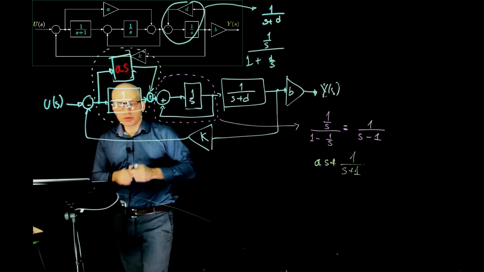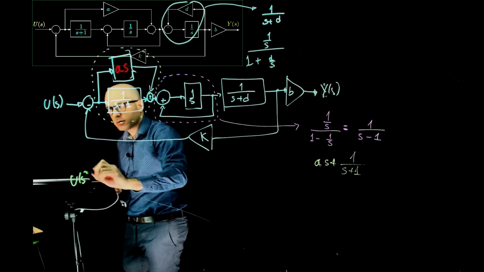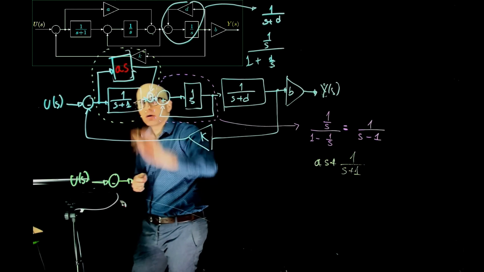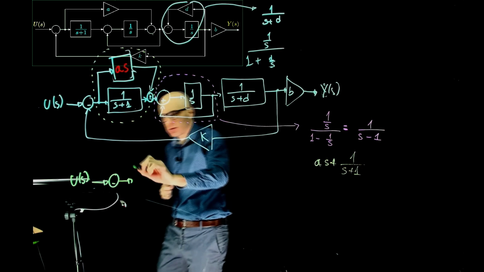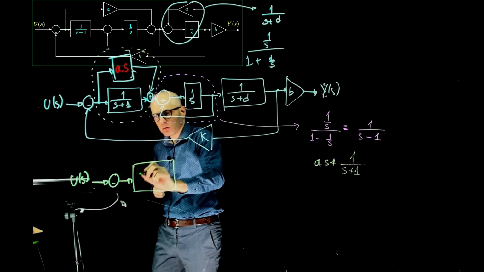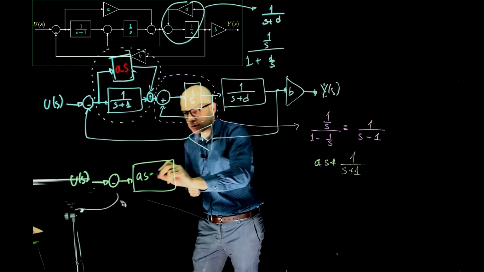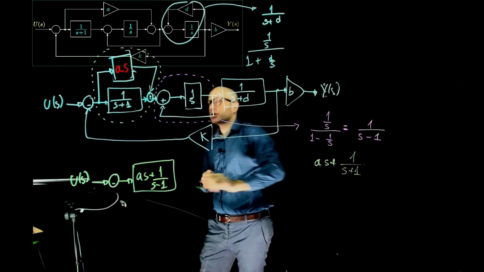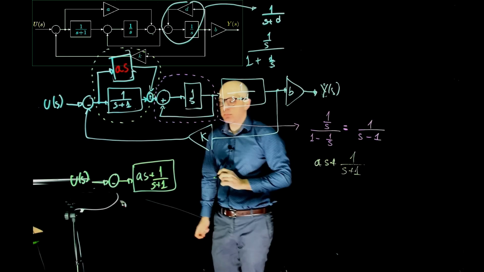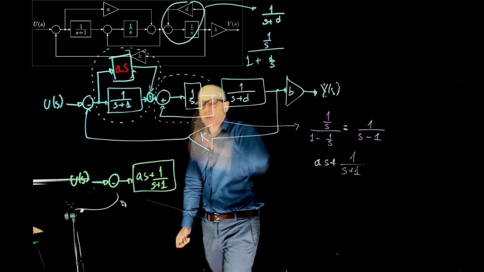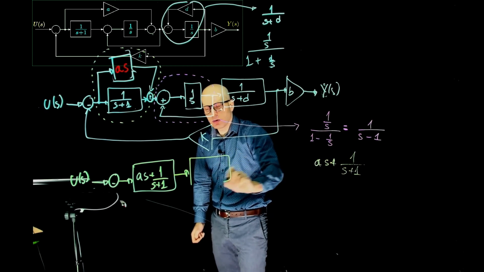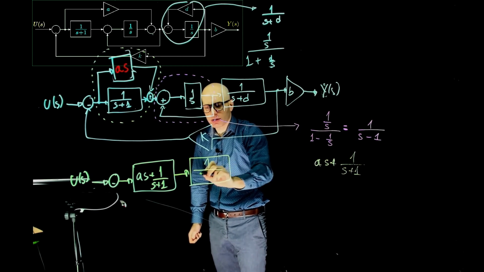We can now continue our development. U of s that feeds the sum. This block becomes A S plus 1 over s plus 1. This thing here becomes 1 over s minus 1.